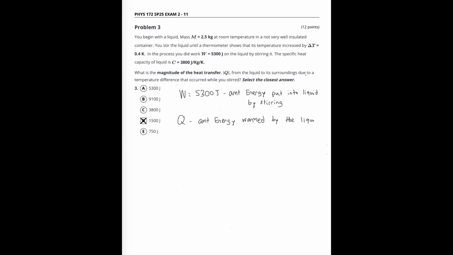And we know by definition that Q is equal to m c delta T, where c is our specific heat. So that is equal to our mass, 2.5 kg, times our specific heat, which should be joules over kilogram times Kelvin, times delta T of 0.4 Kelvin.